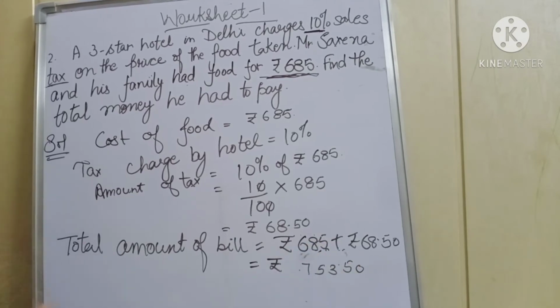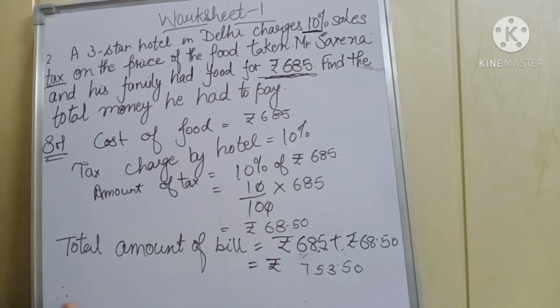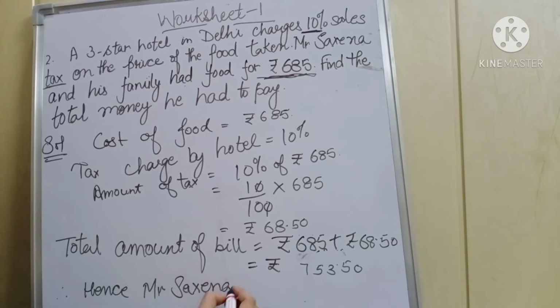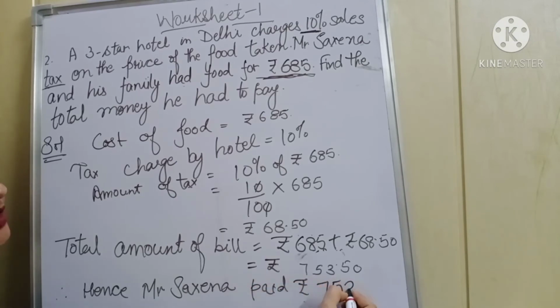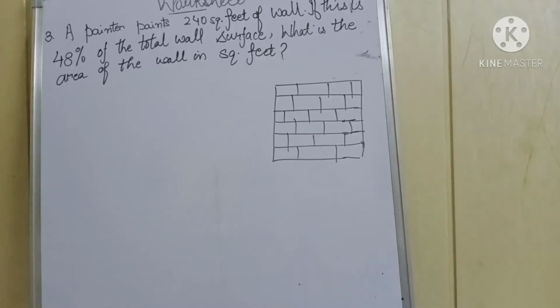Hence the total cost of food is 753 rupees 50 paisa. So at last, what will be the conclusion line? Hence, who is going to pay the bill? Mr. Saxena and his family. Mr. Saxena paid rupees 753 rupees 50 paisa.